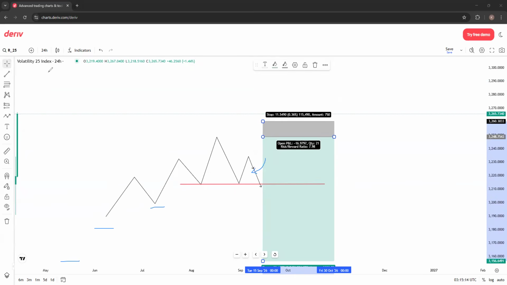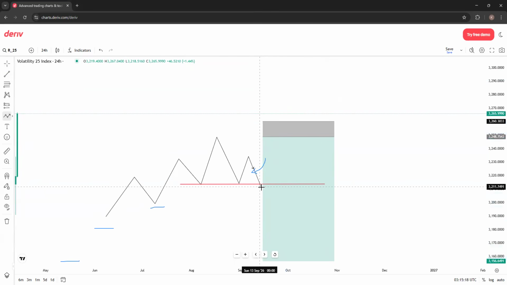Now, if you want to get into a conservative entry, what you basically do is you wait for price to come, give you a low, and then wait for the pullback. Most people want it to retest the neckline and then they sell, right?